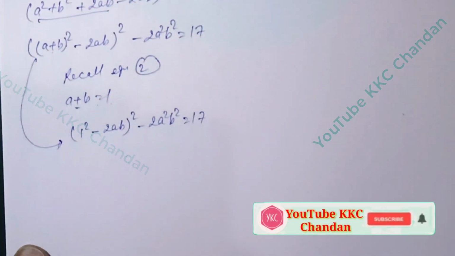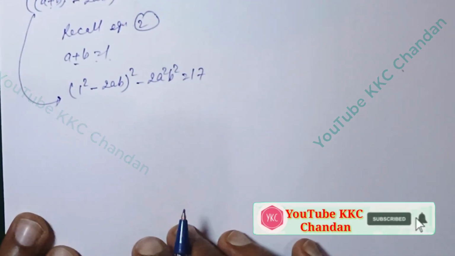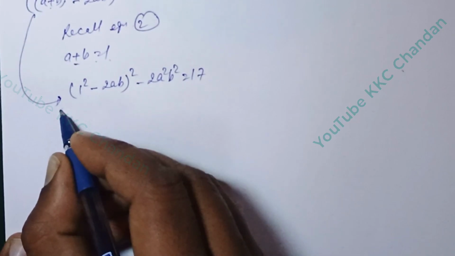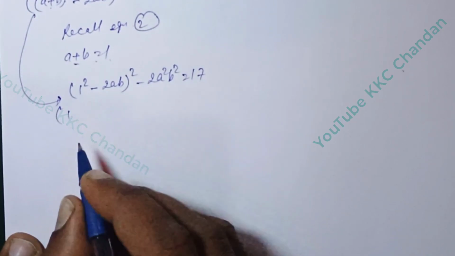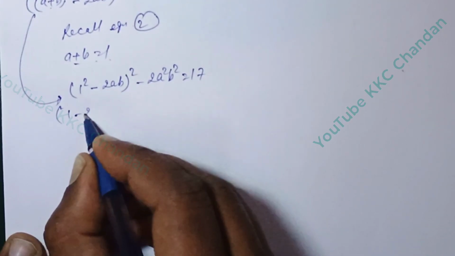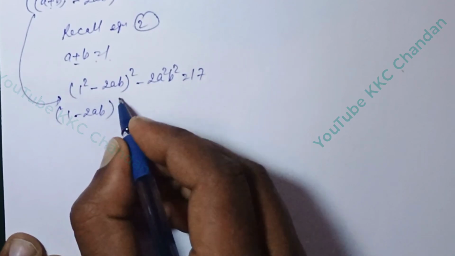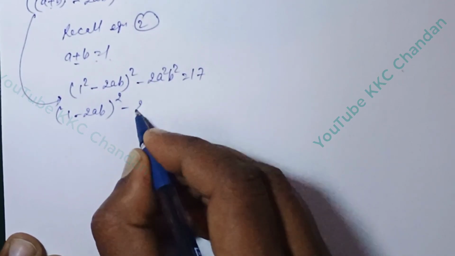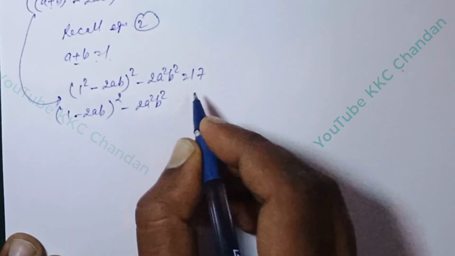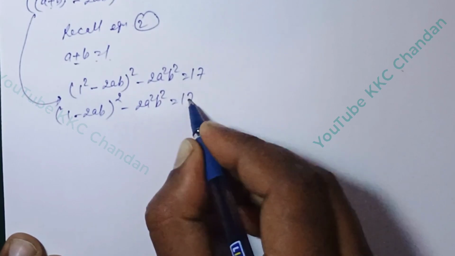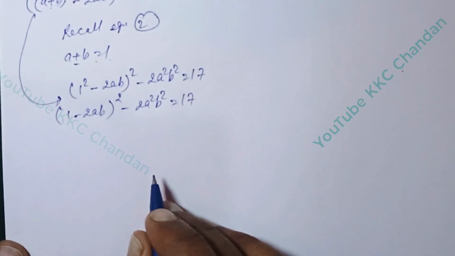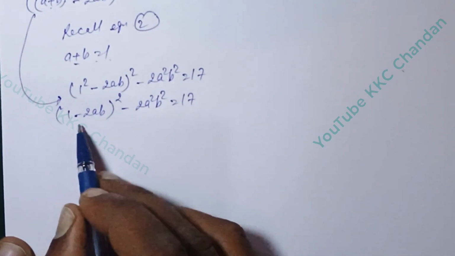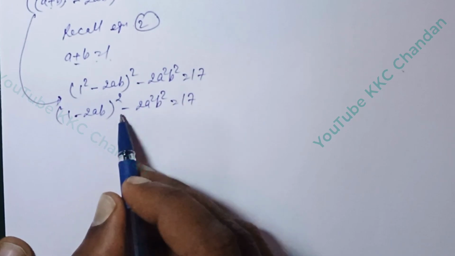After the next step, bracket open 1 square means 1 minus 2ab bracket close whole square minus 2a square b square is equal to 17.